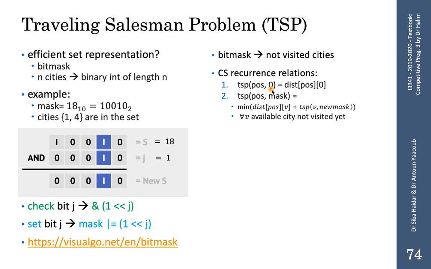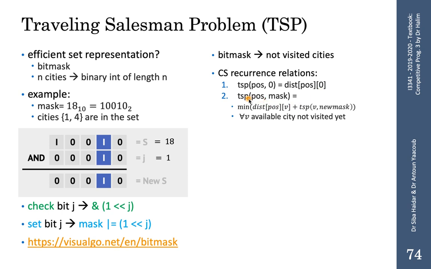When you have a mask 0 in addition to the position, this means that there are no more cities to visit, and in this case you will return what? You will return the distance from this current city back to the first one, to the starting point. So you will return the distance from pos to 0, and this is the base case.